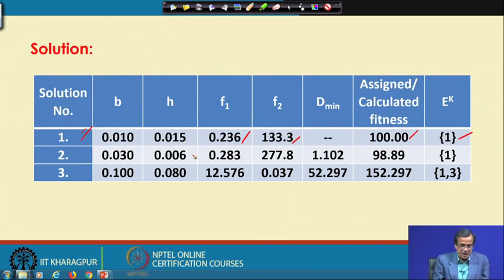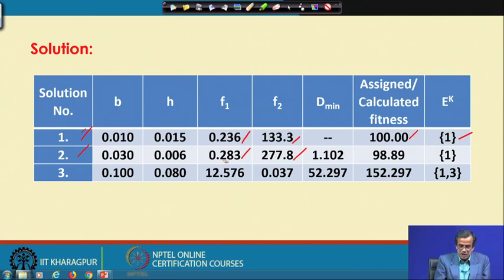Now, once we have done it, next we go for the second solution, and once again the B and H values are selected at random, lying within their respective ranges. Now, using the expressions for these two objectives, we calculate F1 and F2.